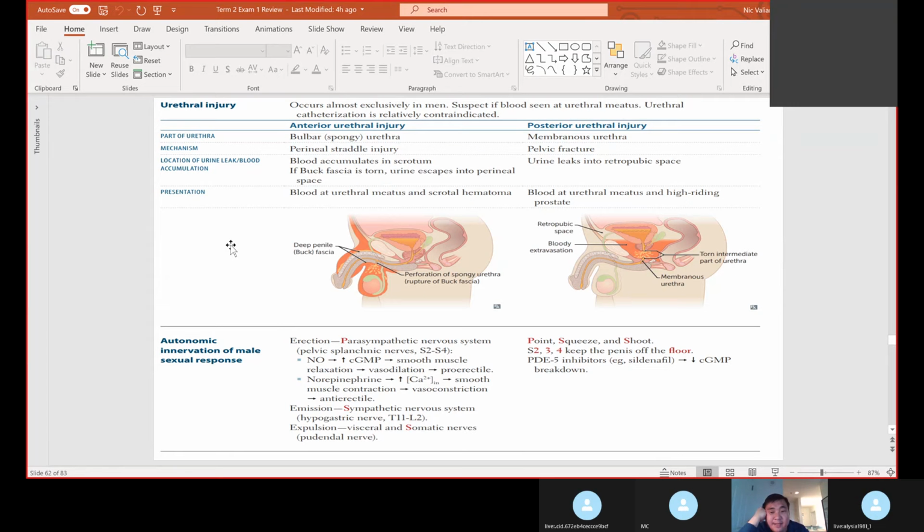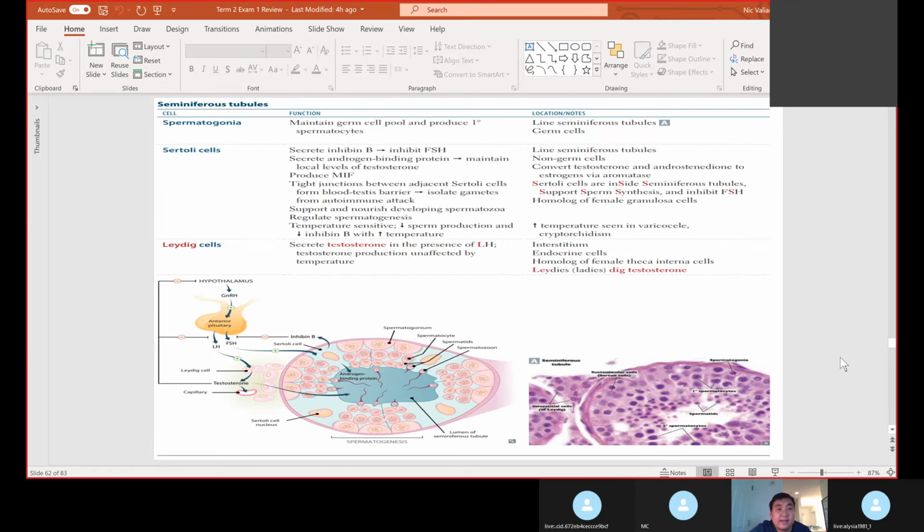What happens is it inhibits phosphodiesterase 5, which decreases the breakdown of cyclic GMP. So basically, think Viagra, it decreases the cyclic GMP breakdown, which increases the concentration of your nitric oxide, which relaxes the smooth muscle, which causes vasodilation, and you have erection. That's it. High yield. Know that.